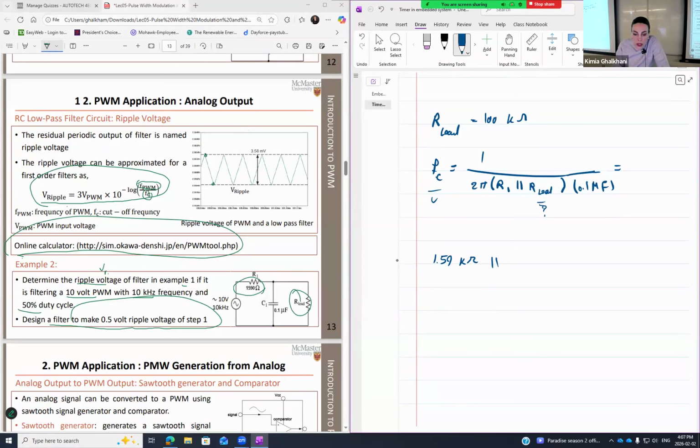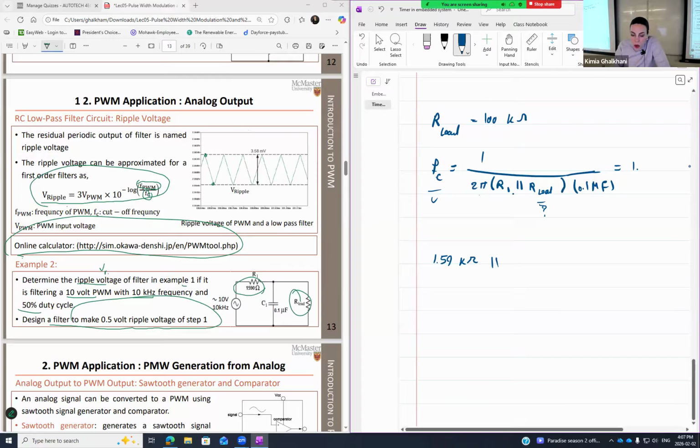This one was, the frequency was, remember, 1 point something. If I calculate this one without load, then it becomes 2 pi R1, 1.59, times this one without load. Without load, I have it already.